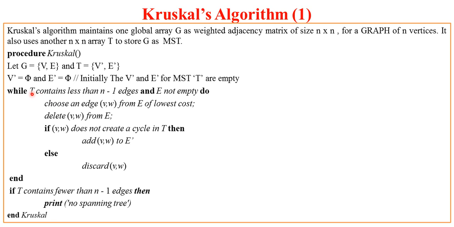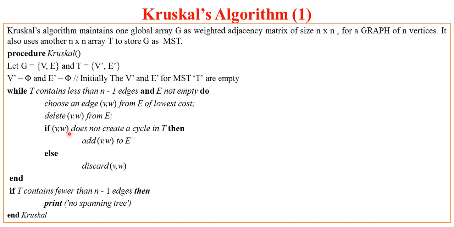Now till minimum cost spanning tree T has n minus 1 edges, and till all the vertices are not included, we can choose a pair of edge VW from E with the lowest cost, and then we'll exclude that from the E so that it will keep track of the number of edges, which should reduce to empty set.